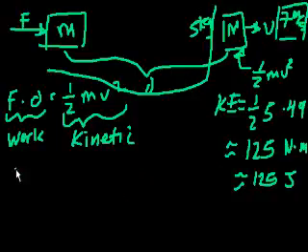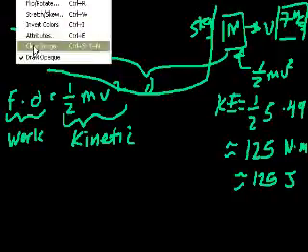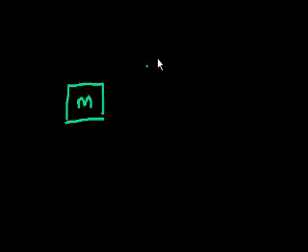So let's give another example. And instead of this time just pushing something in a horizontal direction and accelerating it, I'm going to show you an example where we're going to push something up, but its velocity really isn't going to change. Let's say I have a different situation, and we're on this planet, we're not in deep space, and I have a mass of m, and I were to apply a force.